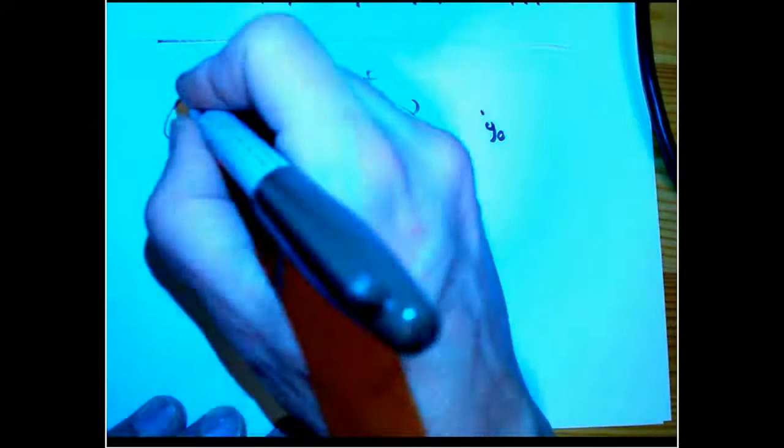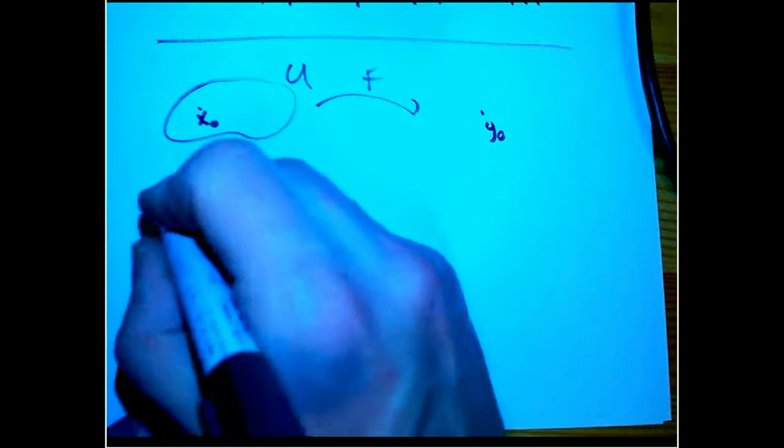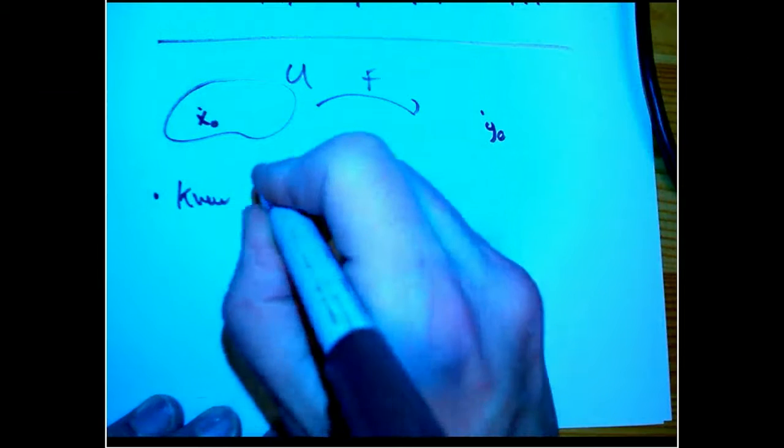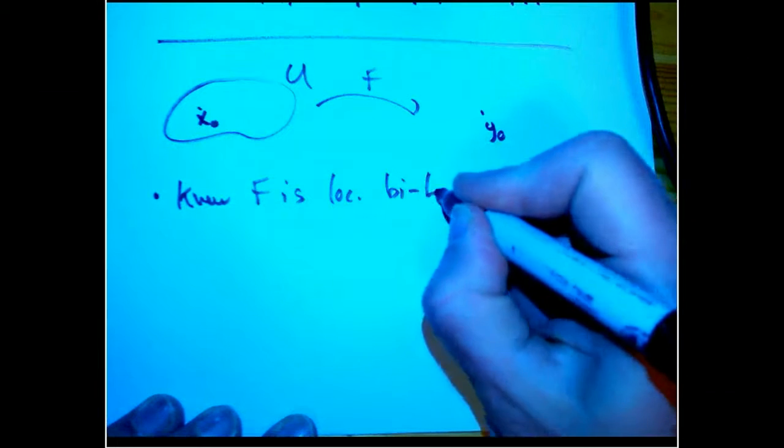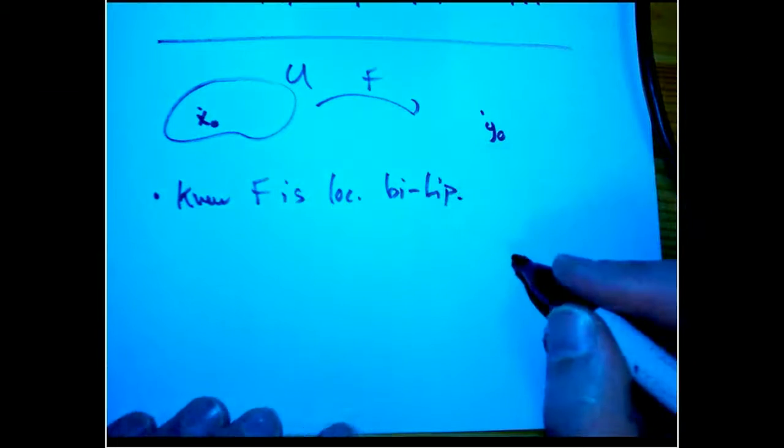But first, let's remember that we know that f is locally bi-Lipschitz. That's a very powerful geometric condition.